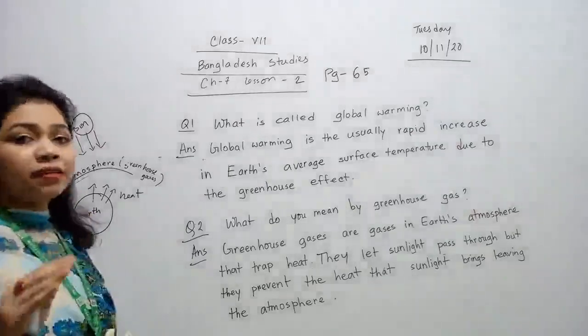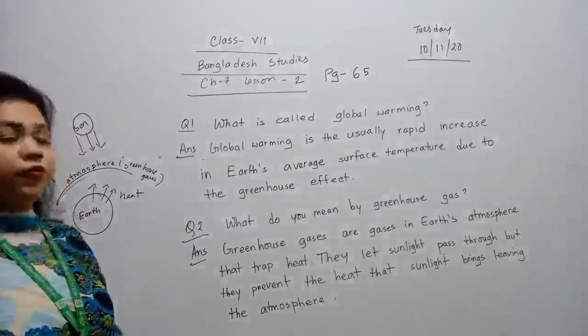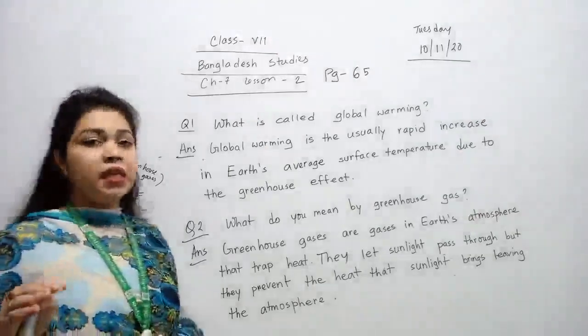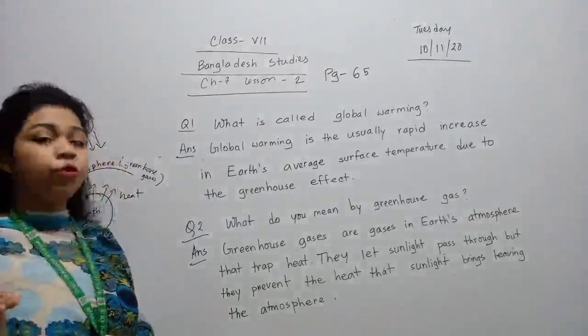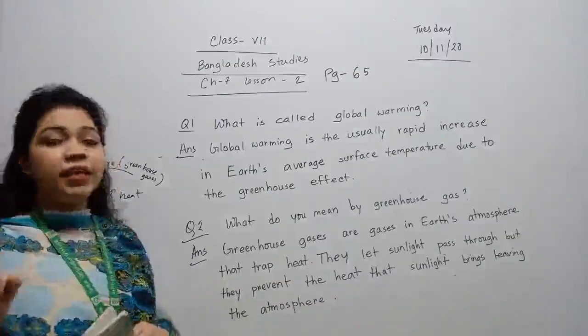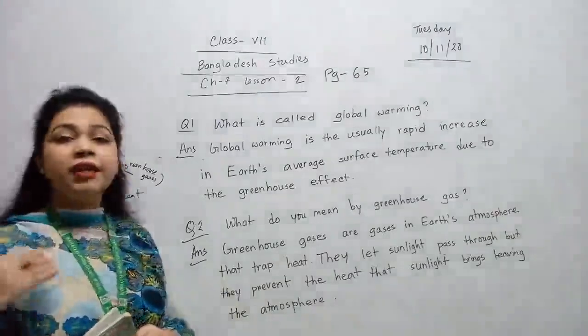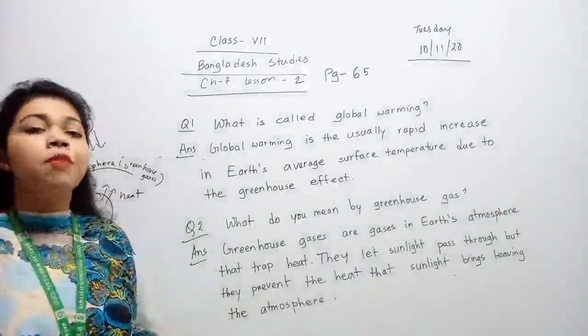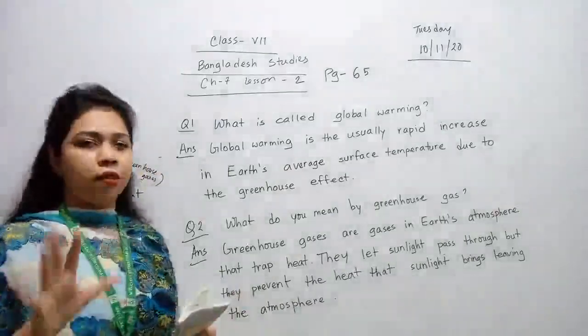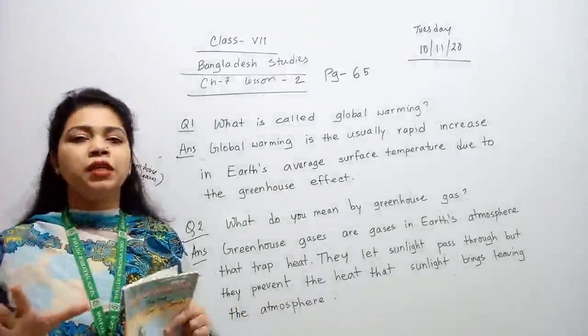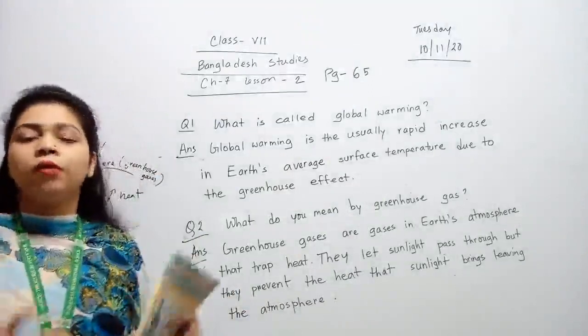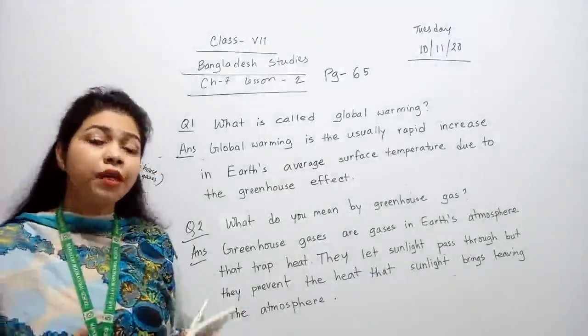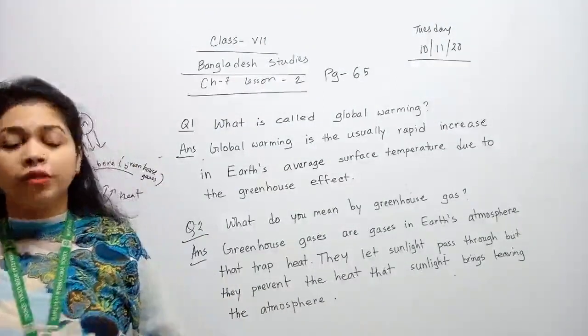Greenhouse gases are gases in Earth's atmosphere that trap heat. They let sunlight pass through, but they prevent the heat that sunlight brings leaving the atmosphere. You must be clear with these two concepts. Okay, don't get confused with it. What is the meaning of global warming and what is the meaning of greenhouse gas?